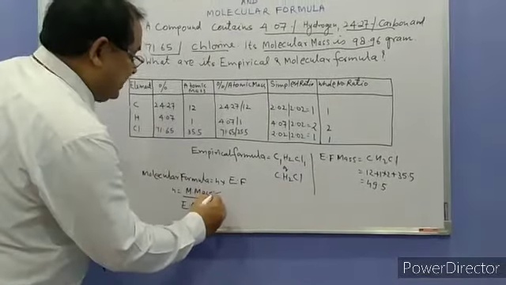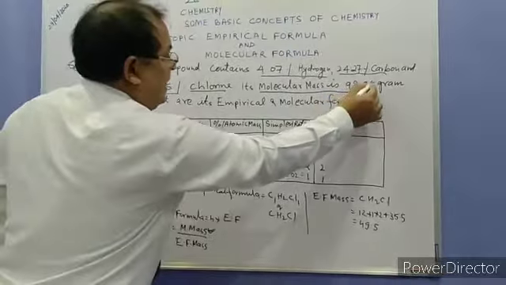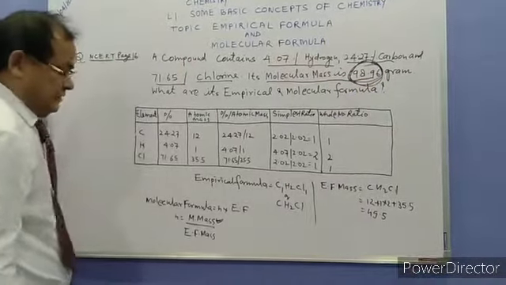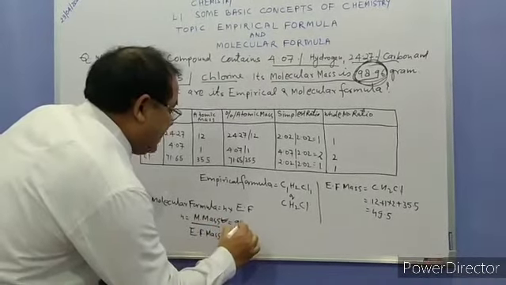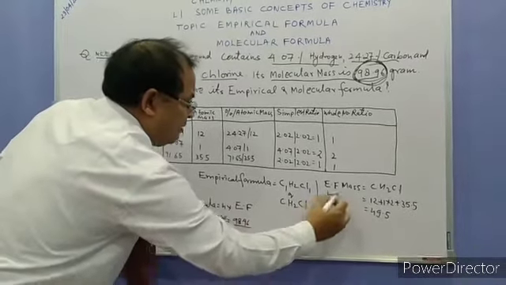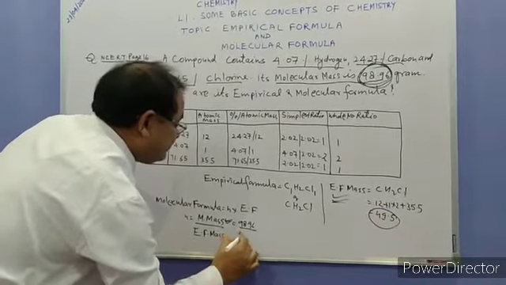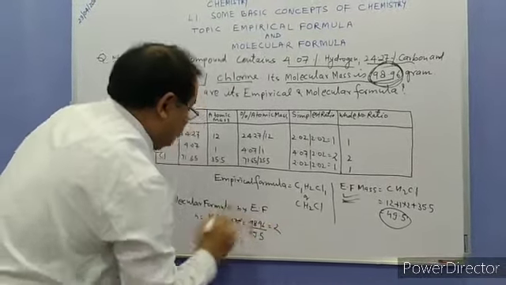And the molecular mass is given in the question, that is 98.96 gram. So N is equal to 98.96 upon the empirical formula mass 49.5, that will be equal to 2.